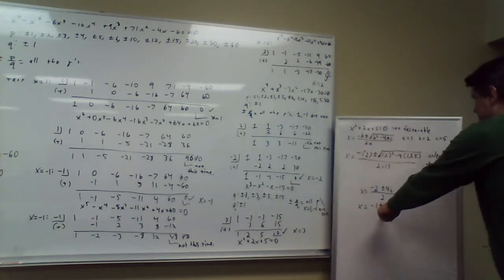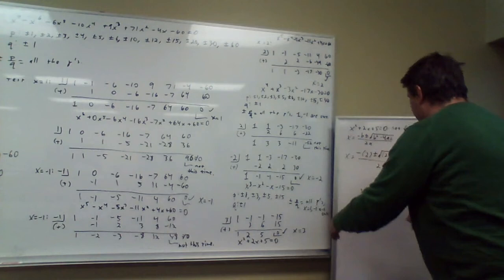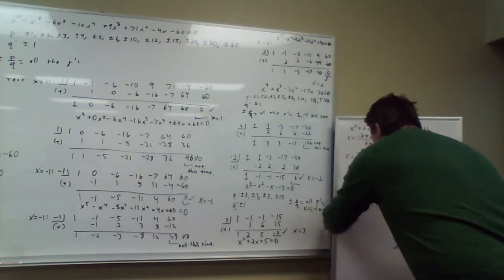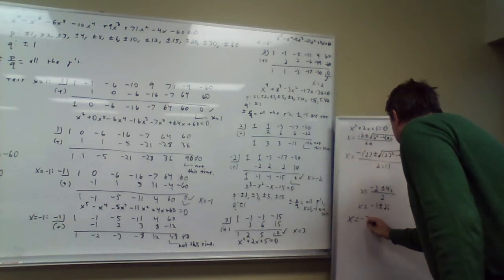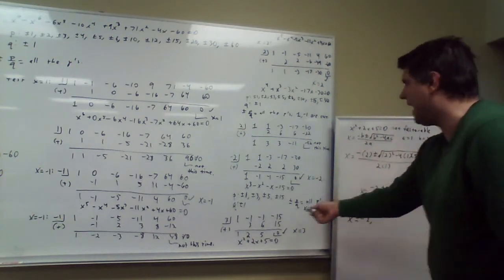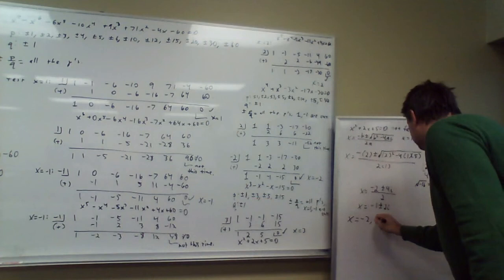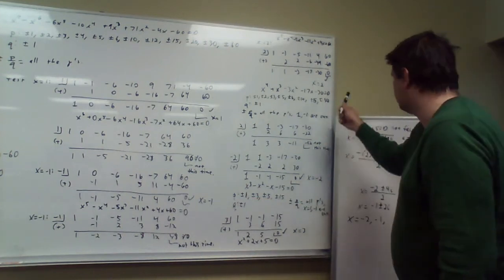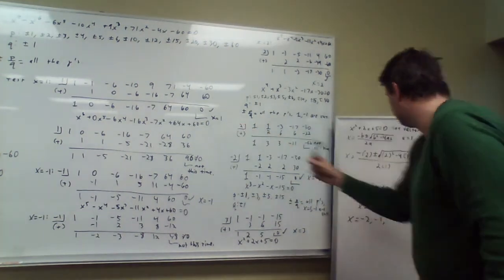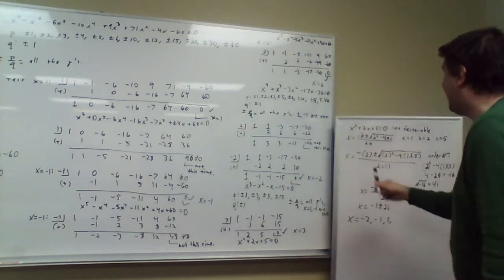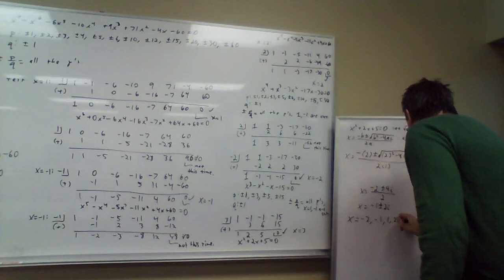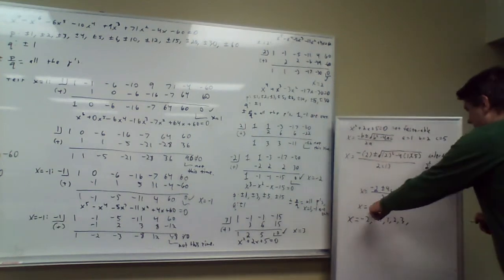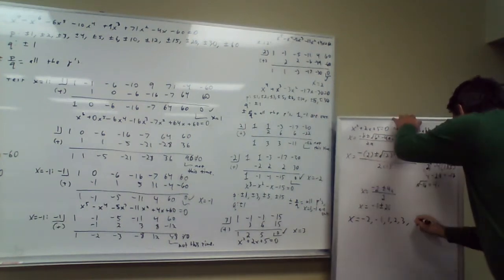So that was the root to this, but we had other roots. Altogether, x equals, in order from least to greatest, we had negative 2, we had negative 1, we had 1 somewhere, we had 2, we had 3, and then we also had these two: negative 1 plus or minus 2i.